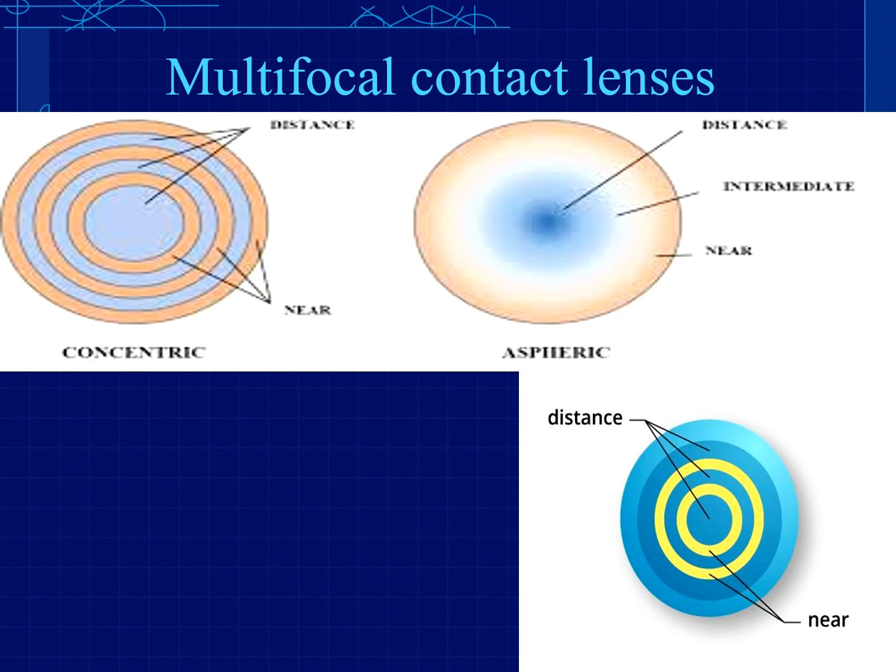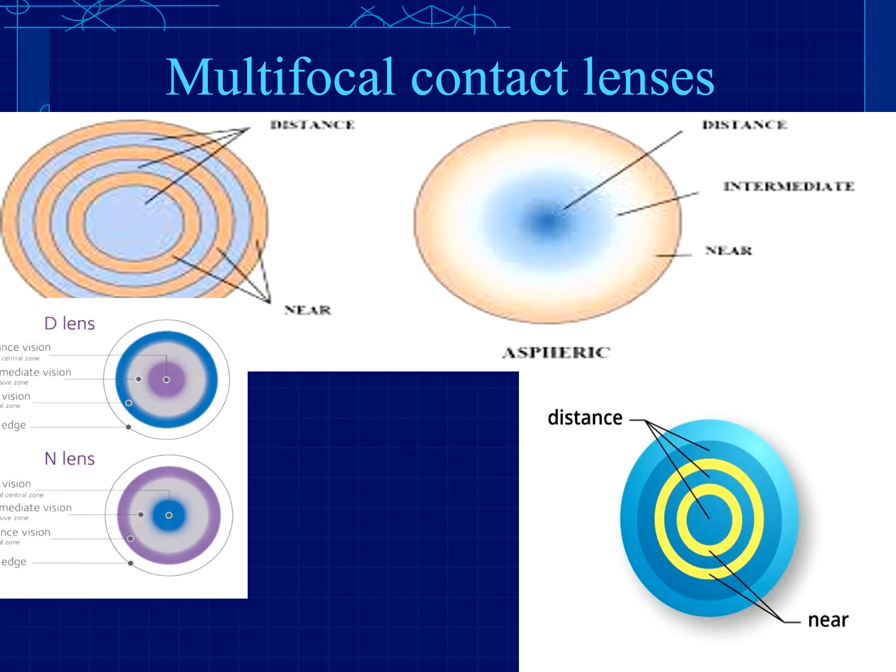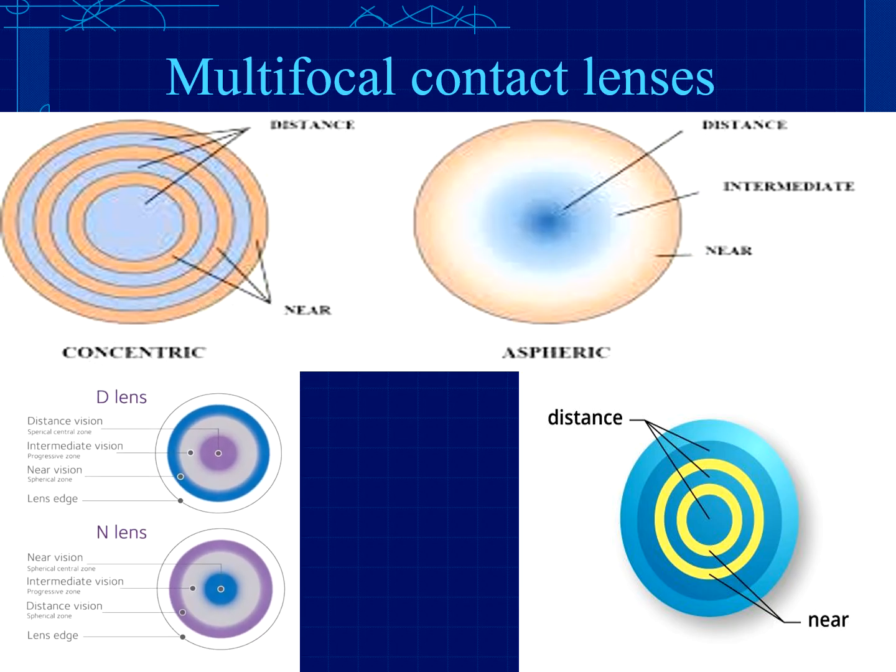However, the patient should choose between the near and far vision, and the image quality is not very good because the image is very discrete according to the location of the rings. The aspheric design is a new design for multifocal contact lenses in which the power of the lens gradually changes from the center to the periphery, and it has two different designs, D lens and N lens.